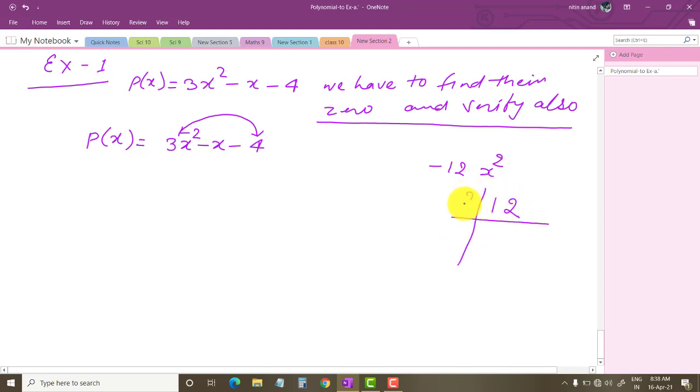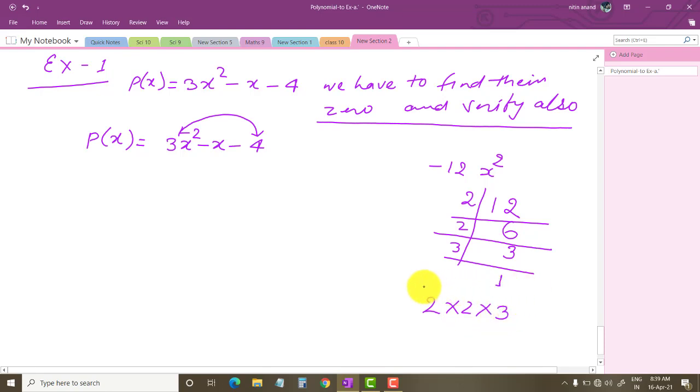Then 2 times it comes 6, again 2 times it comes 3. Now 3 times it comes 1. Then our factors will be 2, 2 and 3.